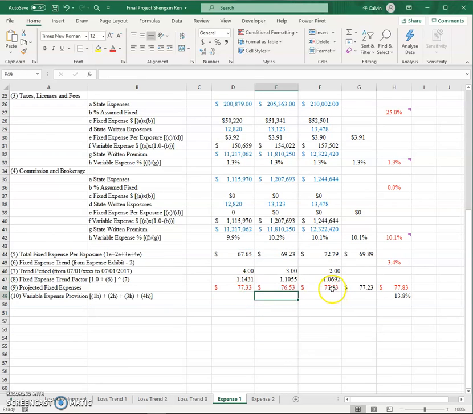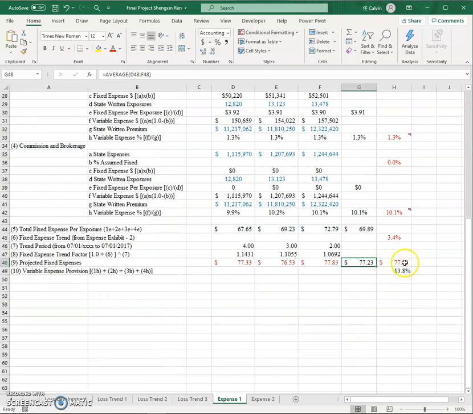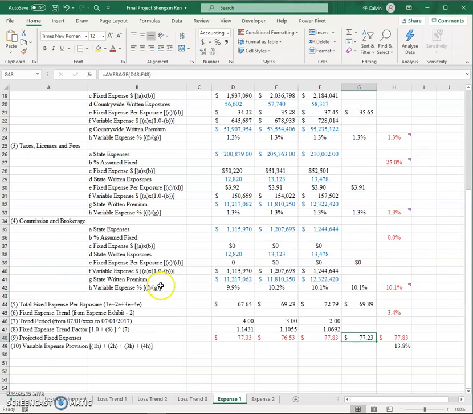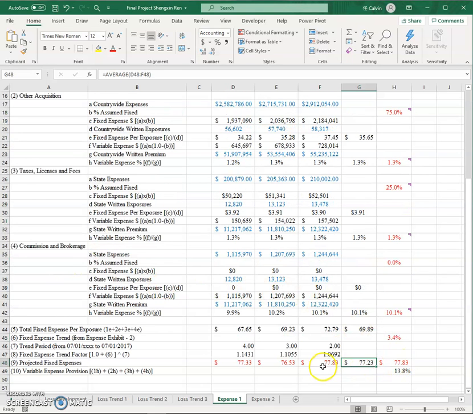We get the number. And here we calculate the average of 77.23. However, for the projected fixed expenses, we selected the last year's number for our selected number.